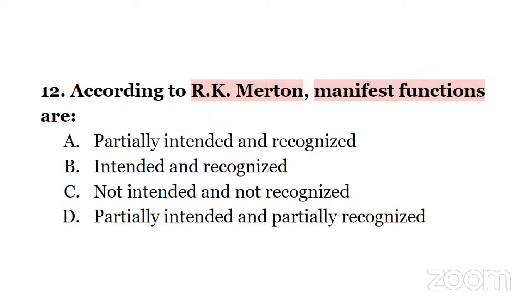Next question. According to R.K. Merton, manifest functions are, what are manifest functions? Option A, partially intended and recognized, not intended and not recognized, partially intended and partially recognized. I hope all of you are familiar with manifest functions and latent functions.